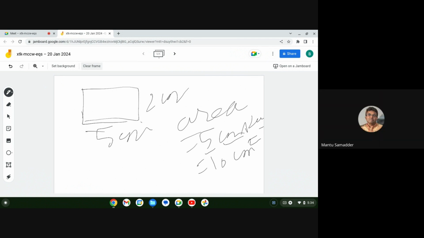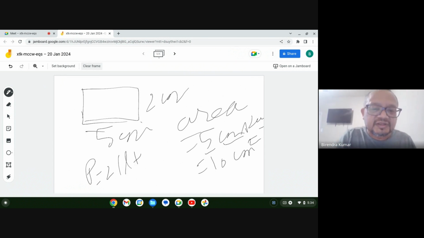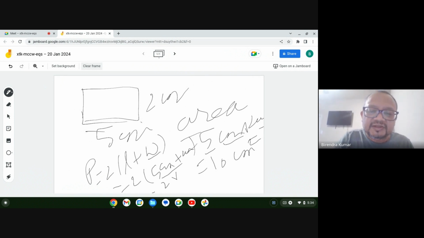If somebody says find out the perimeter, perimeter is 2 times length plus width. So 2 times 5 plus 2, 7 centimeters, that is 14 centimeters. Done deal. Once you know the formula, just read the question and we'll do some sums. Don't worry about it.